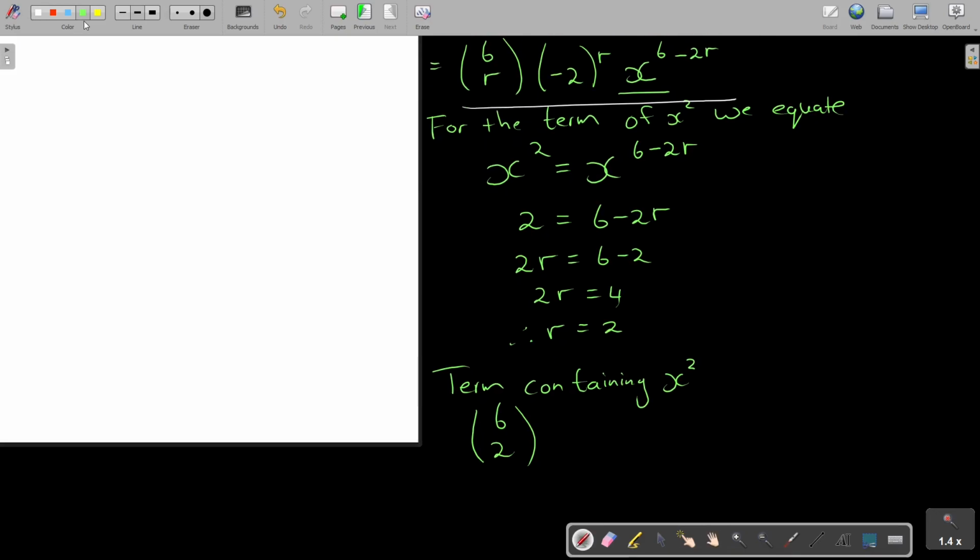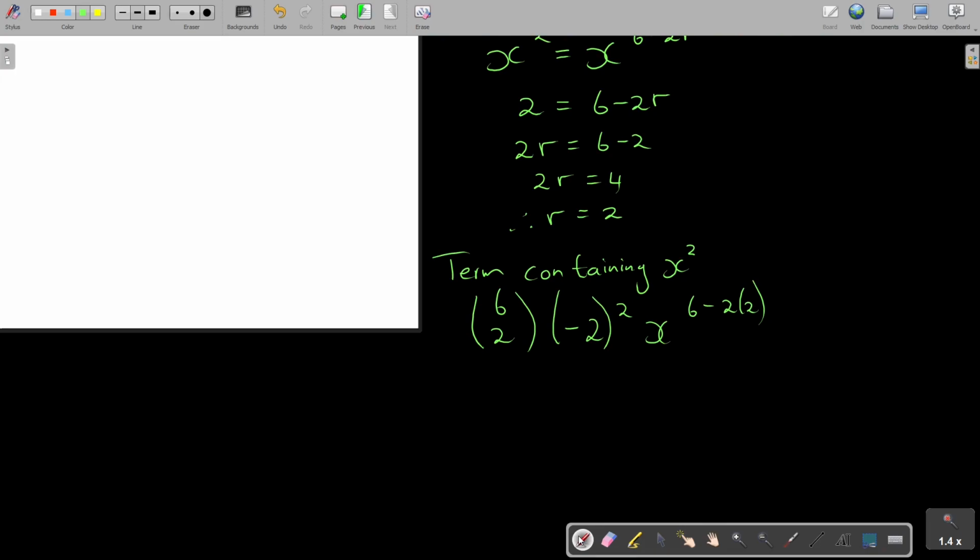Okay, I'm just going back to my green. So it's negative 2 to the power of 2. And then x to the 6 minus 2, 2. Okay. And then press in your calculator 6 nCr 2. And what do you get? You get 15. Negative 2 squared is going to be 4. And it's going to be x squared. So that term is going to be 60x squared.